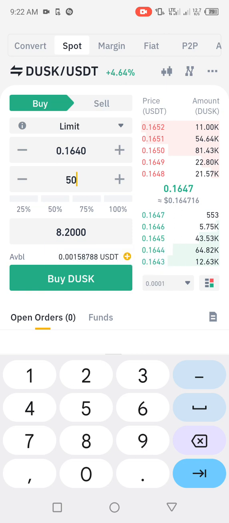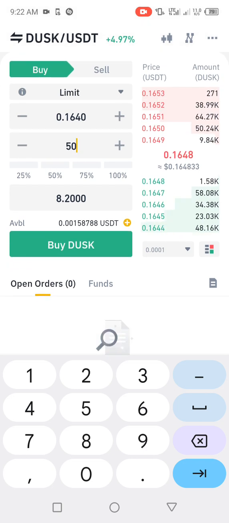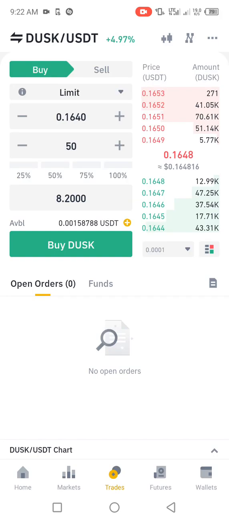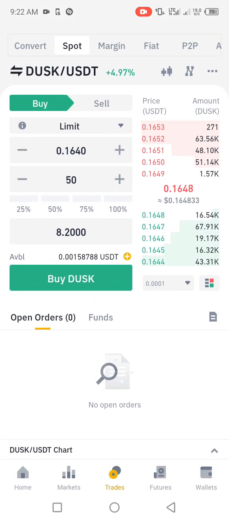Now it's showing insufficient available funds because I don't have enough USDT in my wallet. So now I can input this, and then when I click on buy, it's going to keep this order for me on pending. It's going to be an open order.